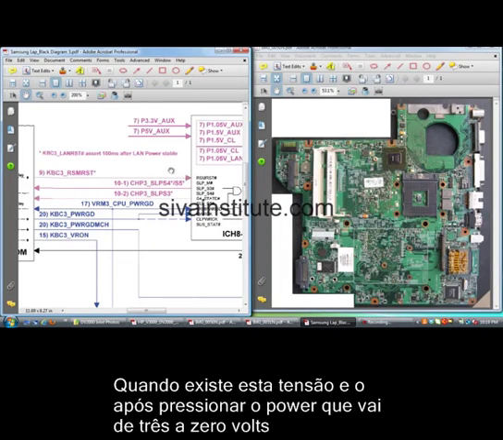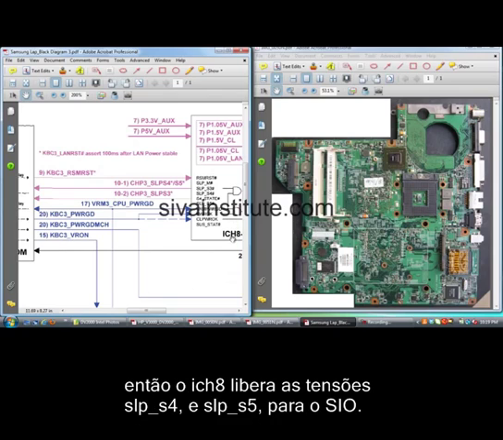When the RSM reset 3.3 volts is present and the power button voltage of 3 volts goes to 0 volts, and the ICH receives these two voltages, this chip immediately releases SLP_S4 3.3 volts, and SLP_S4 and S5 go to the SIO chip.